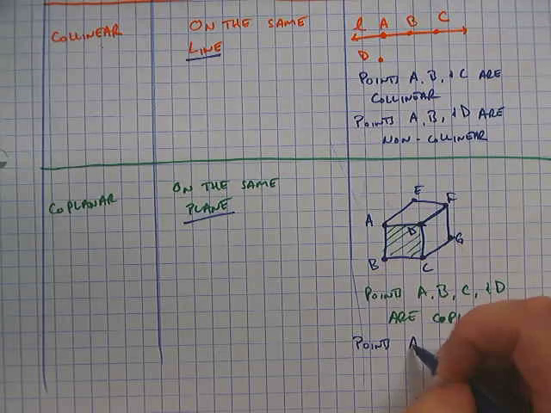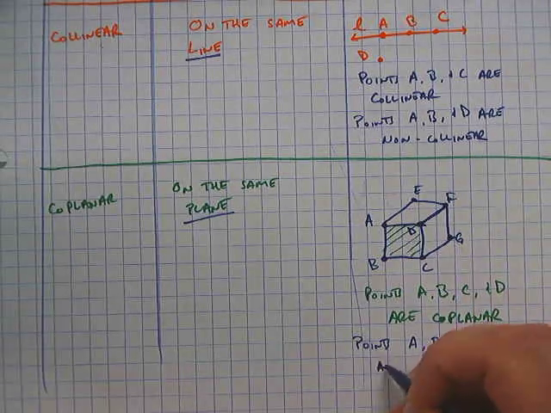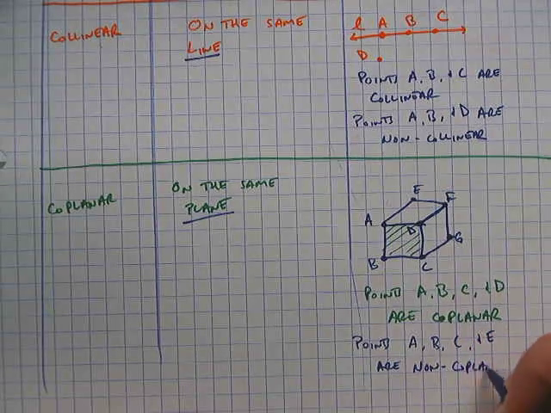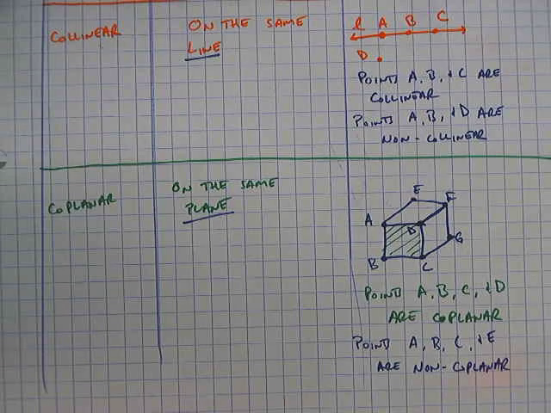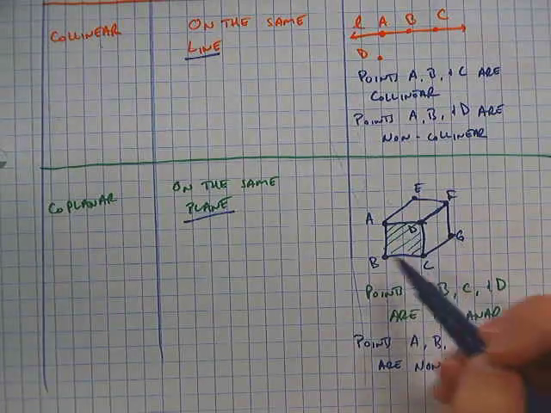But I could also talk about things being not coplanar, or non-coplanar. So if I pick 3 points that are on a surface together, and then 1 point that's not on that surface with them, I can say they're non-coplanar. So I could say A, B, C, and E are non-coplanar.